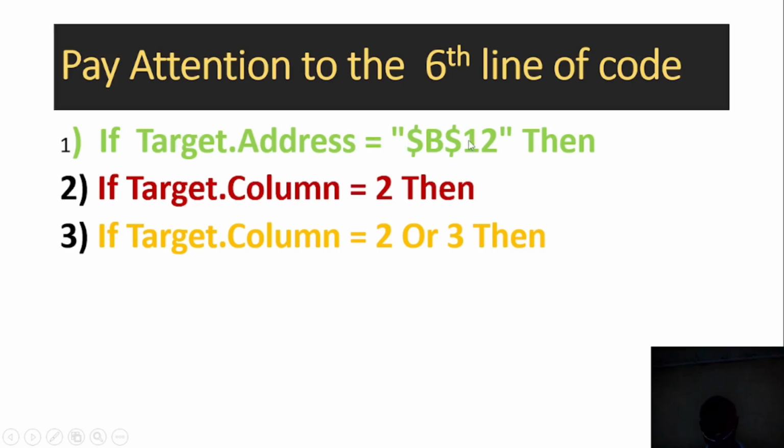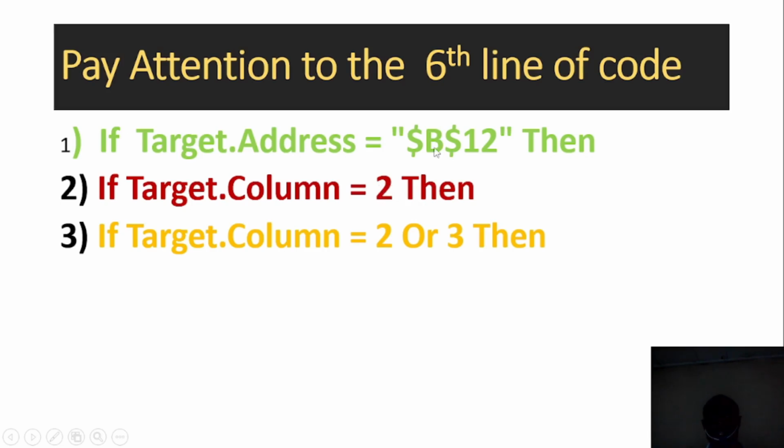Once you put this, you are targeting a specific cell in order for multiple selection to be done. Secondly, if you come to the red line here, we say if Target.Column equals 2, then it means that you are going to put this code and specify the particular column. You start counting your columns from the left. These numbers can change; you can go to column 1, column 2, and so on.